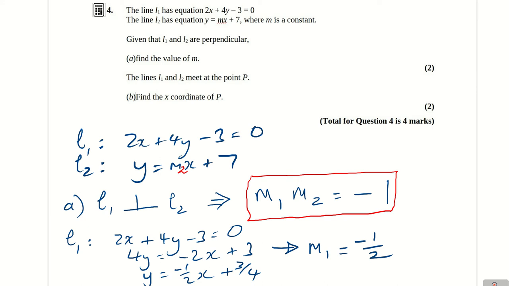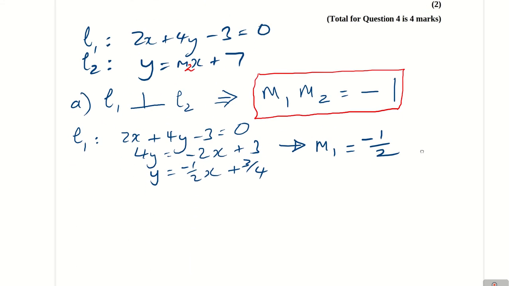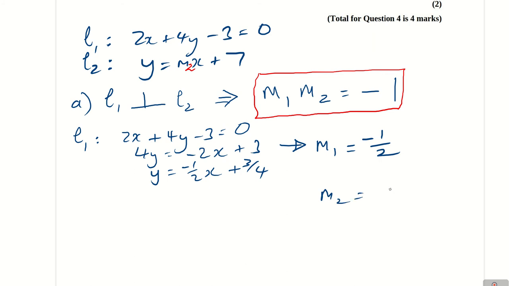Now, if the gradient of the first line is minus a half, then you can just say straight away, well, m2 must be the negative reciprocal. So m2 must just equal 2, because we turn minus a half upside down and we get the 2 on the top, but then we've got to change the sign. But I'll just show you how that works algebraically as well. m1, which is minus a half, times m2 must equal minus 1.